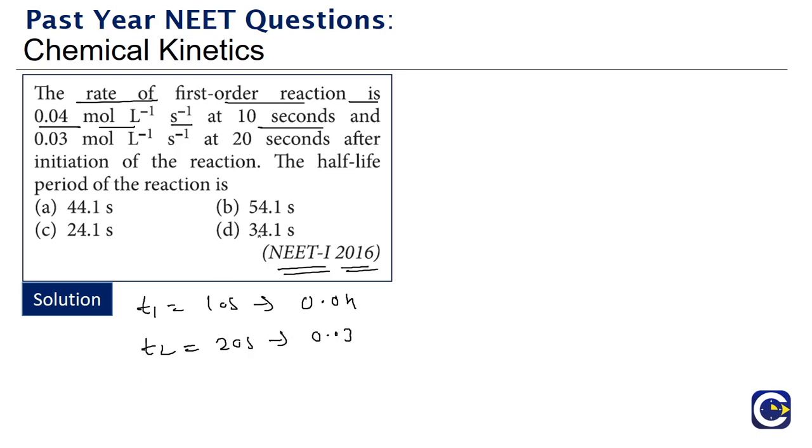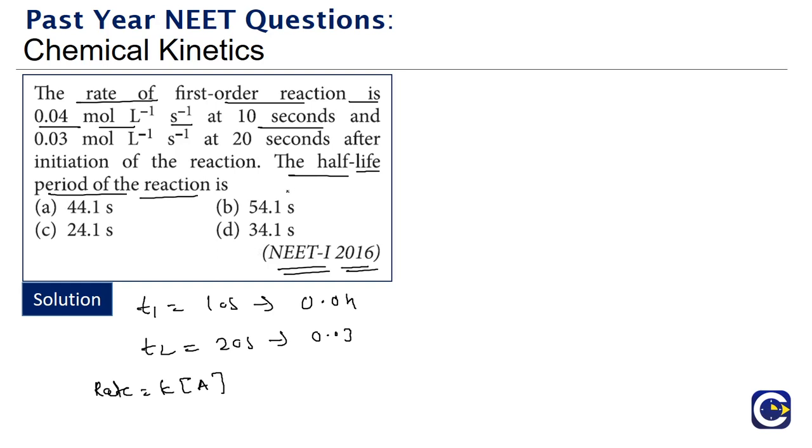Now we know that the rate at any particular stage will be equal to K into the concentration at the particular time or stage, because we are talking about the first order reaction. So here basically what we need to find is the half-life period of the reaction.